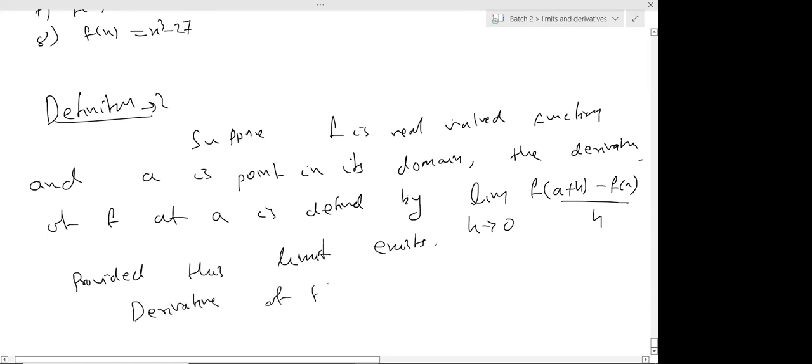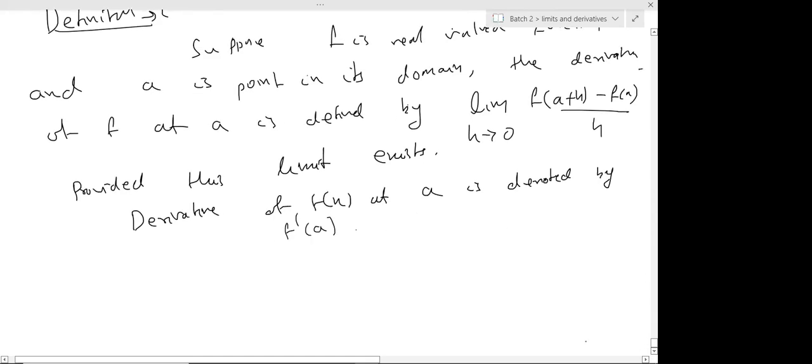The derivative of f of x at a is denoted by f dash of a. Now let's note it down.